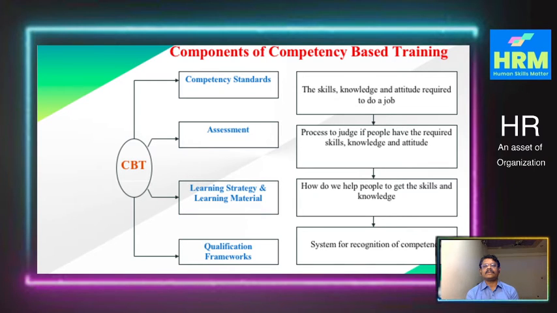And then you can see the third one, the learning strategies and learning material. So how do we help the people to get the skills and knowledge? Depending on the requirement, we come out with a suitable strategy and material, so that it helps the individual to acquire the skills that are required and to fill the gap between the expected and the available.